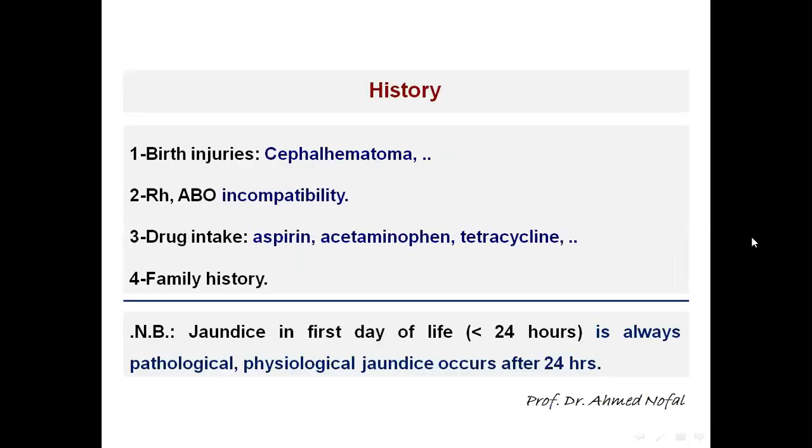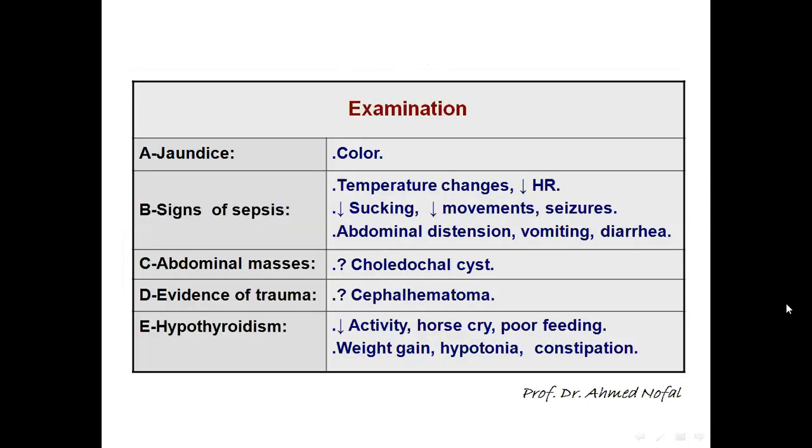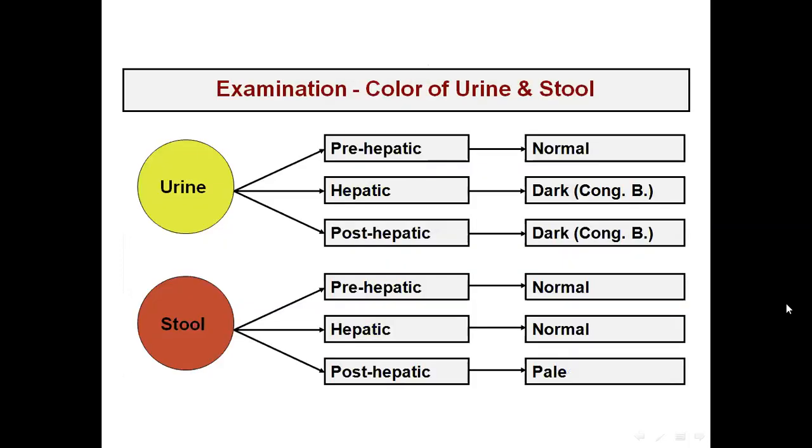Diagnosis of jaundice in children is made by history, and we have to remember that jaundice in the first day of life, before 24 hours, is always pathological. Physiological jaundice occurs after 24 hours. By examination: jaundice, signs of sepsis, abdominal mass, evidence of trauma, hypothyroidism, and the color and character of urine and stool.